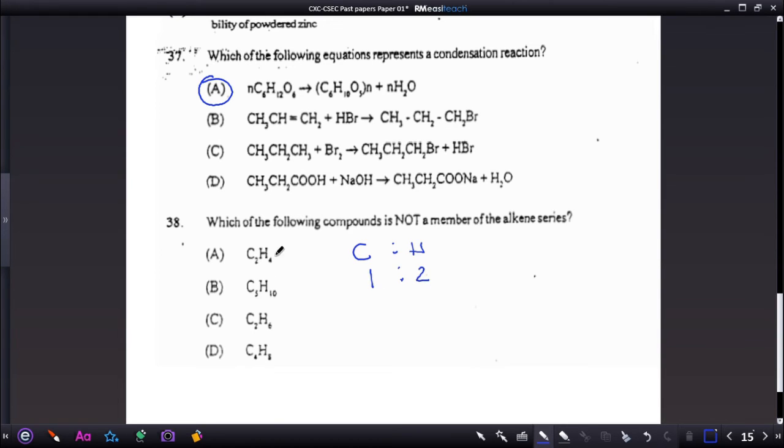So here the option that does not contain the 1 to 2 ratio between carbon and hydrogen would be the answer. So this is a 1 to 2. This is also a 1 to 2. This is a 1 to 3 ratio. D is a 1 to 2. So the answer is C.